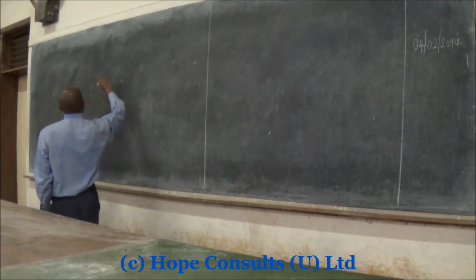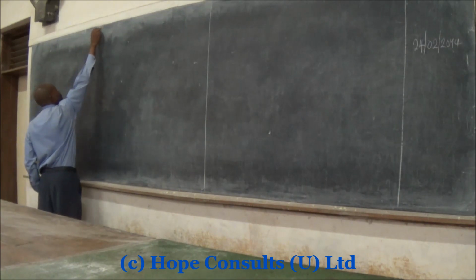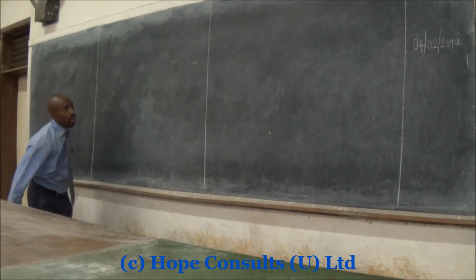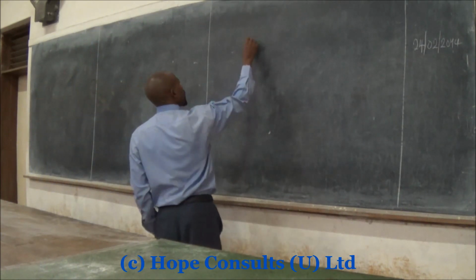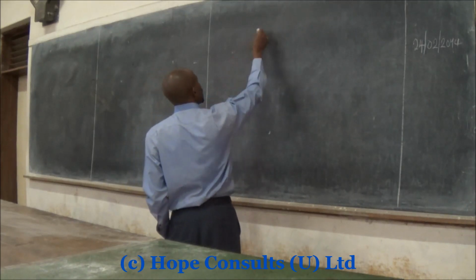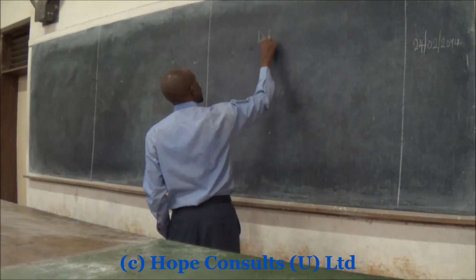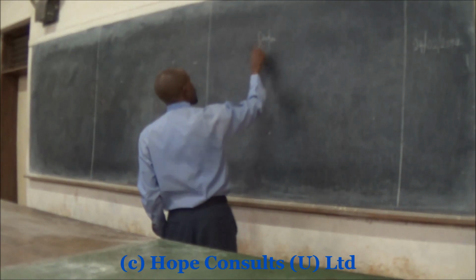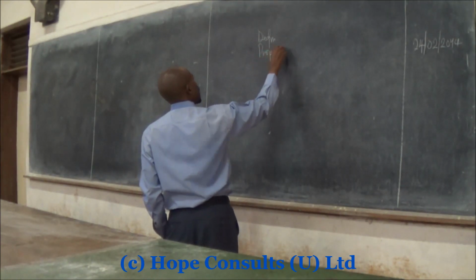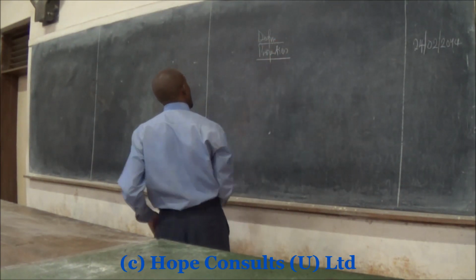We already worked on the scalar product, which was the dot product. We looked at the definition. We looked at the properties, 6 of them.